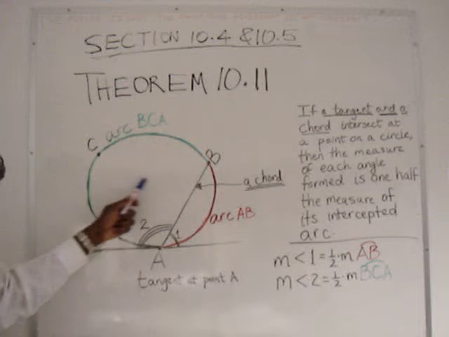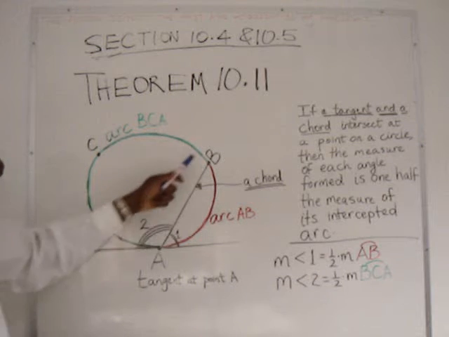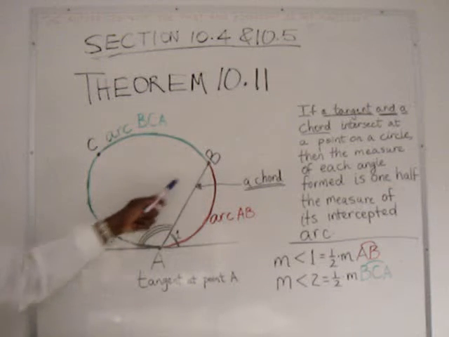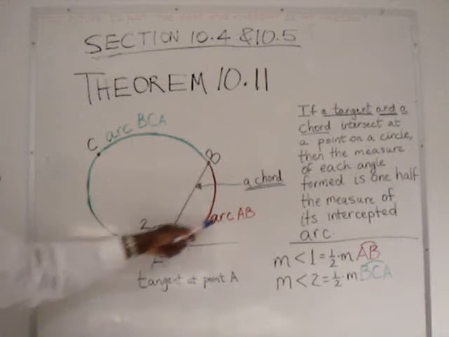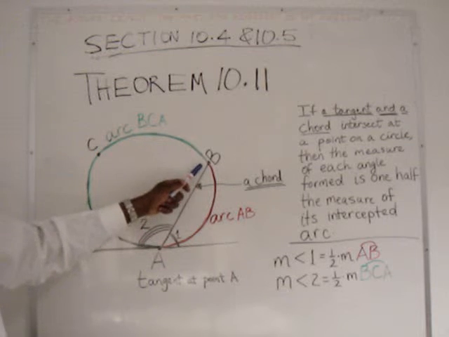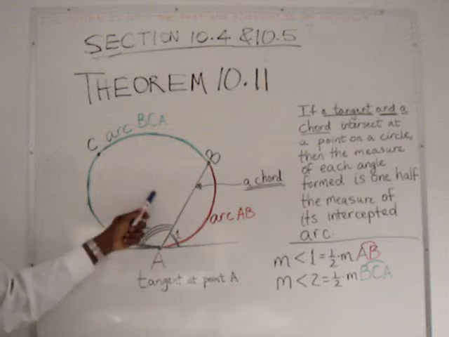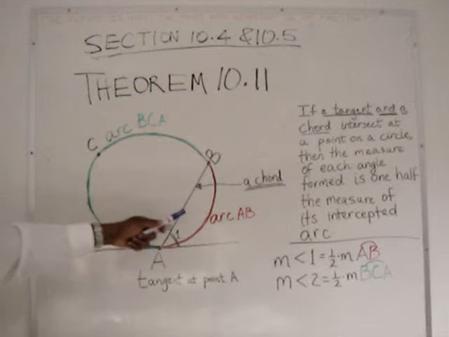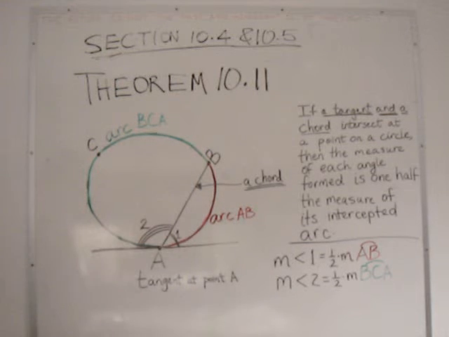We know that everything at the center is 360, so if we know the central angle associated with AB, then the remainder associated with BCA will be 360 minus the one associated with AB.